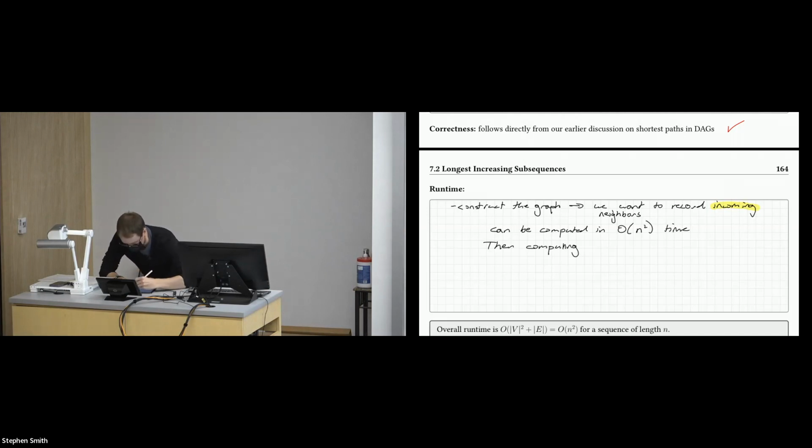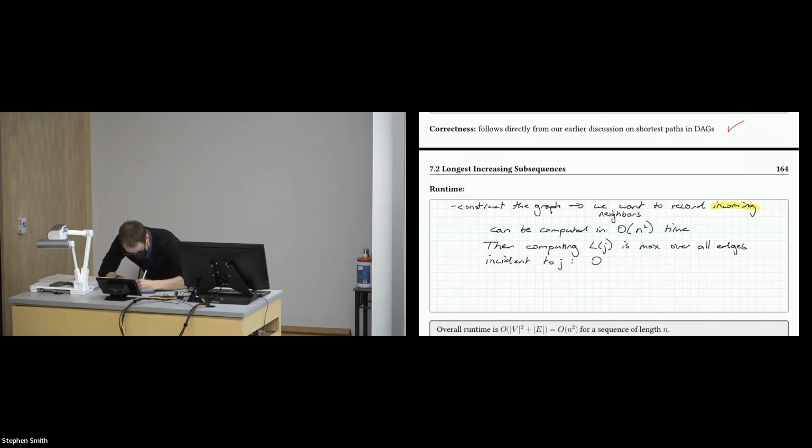And then computing Lj is a max over all edges incident to j.